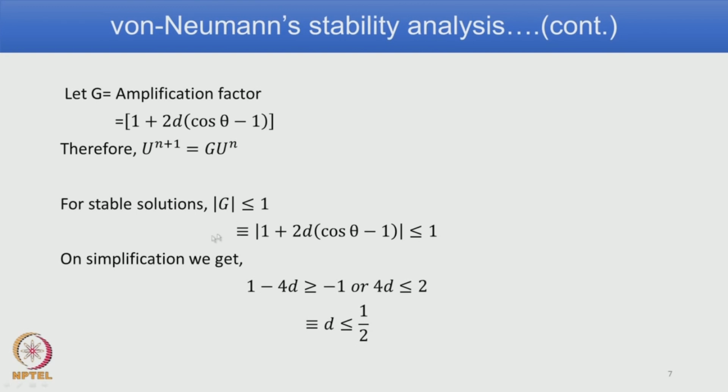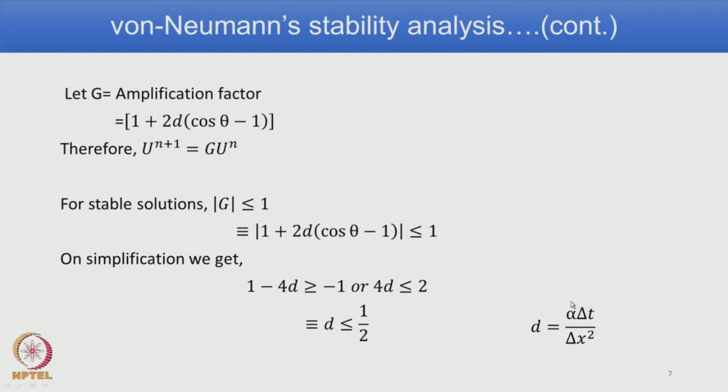So, you can understand how to obtain from this a limit value for theta or a value for d. We know the maximum value of cos theta and we know the definition of d. If you follow that, you get the condition d should be less than or equal to half, and we put the definition of d here again, where d is related to alpha times delta t by delta x squared. This alpha is a coefficient, the diffusion coefficient, which is coming from the equation itself.